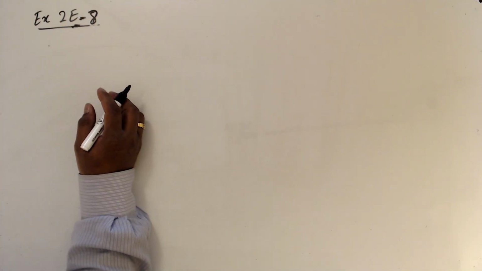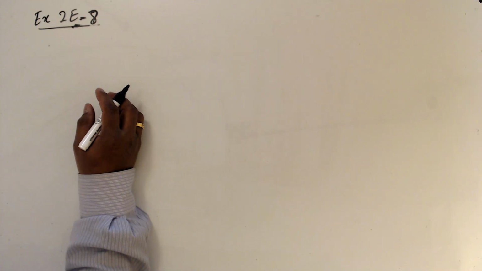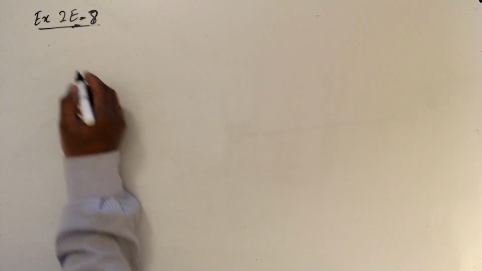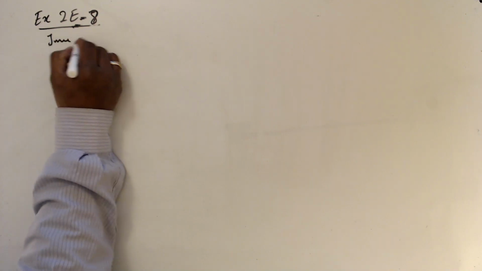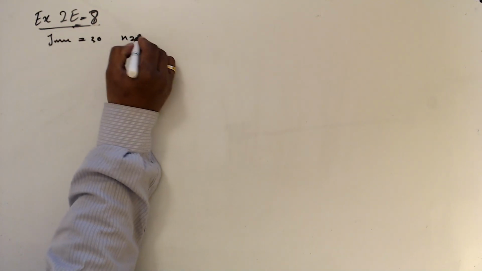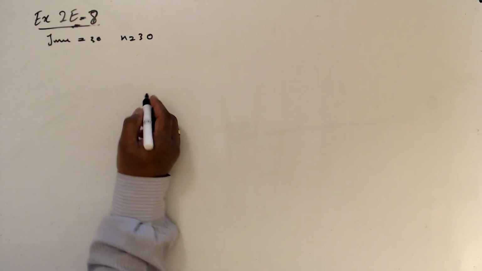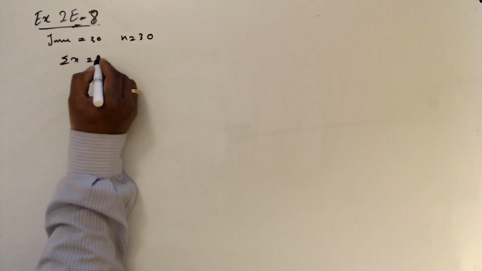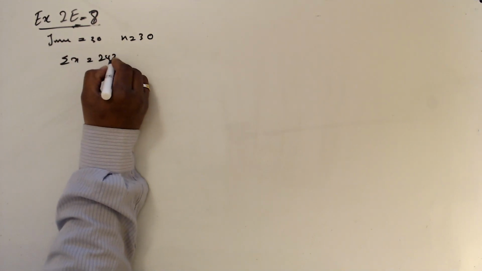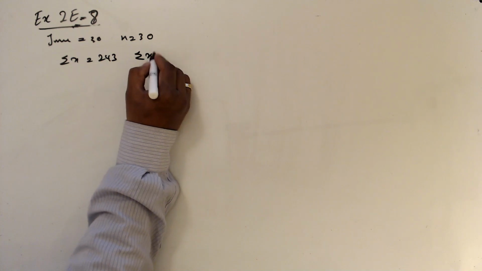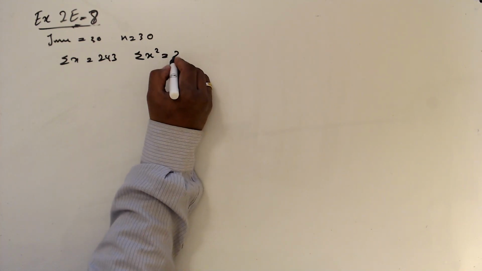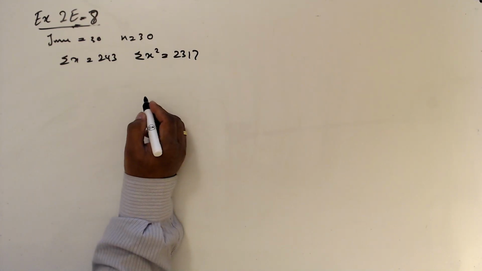Question number 8 is the daily mean wind speed in Leeming in June. So in June there are 30 days, so n equals 30 and summation x is given as 243 and summation x square is given as 2317.